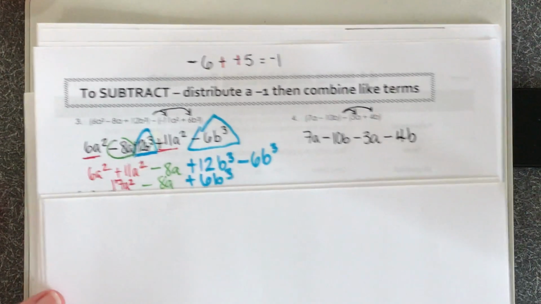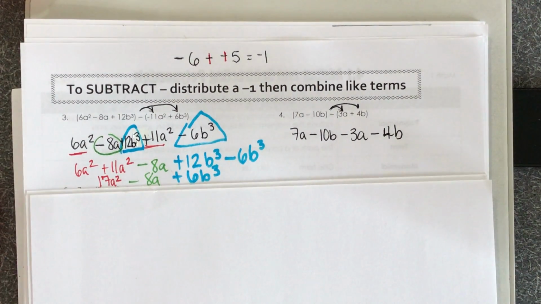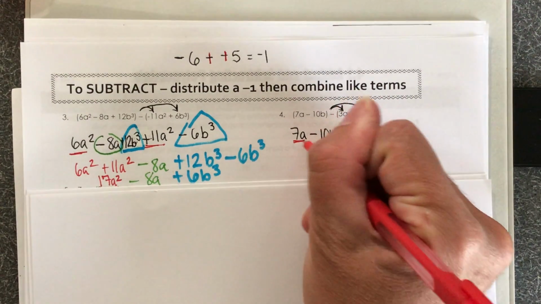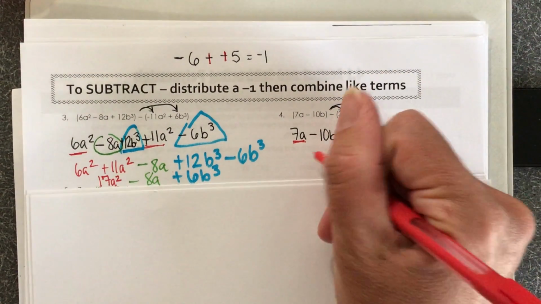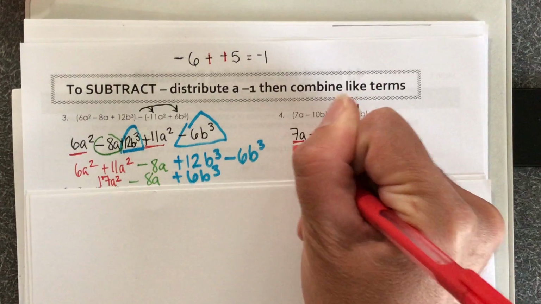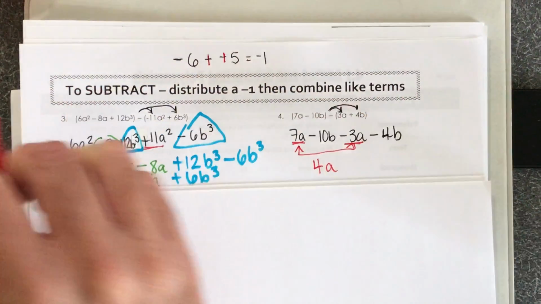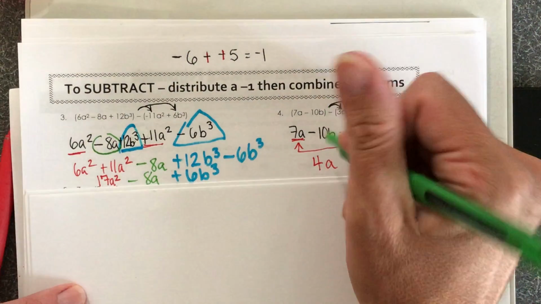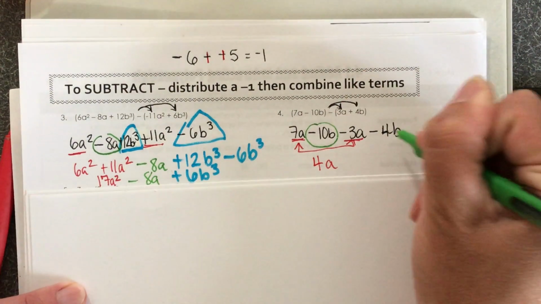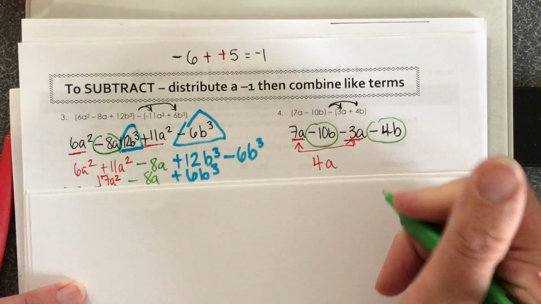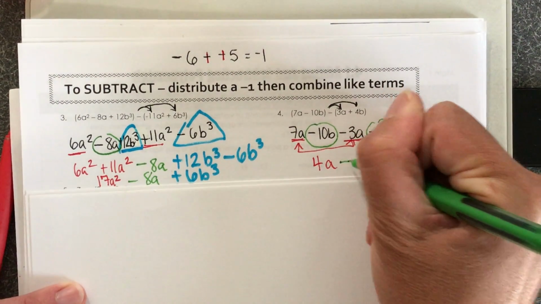And so now I'm going to combine my like terms. So my a's will go together, my 7a minus 3a. 7 take away 3 is 4a. And then negative 10b and negative 4b is going to combine and make a negative 14b.